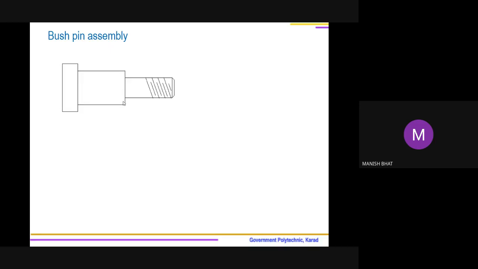It is more than D1, and the pin carries a head so that the pin will not be removed from the other end. On one side it has a head, on the other side it has threads so that the nut will be fitted. So this part will be inside one flange, whereas this enlarged diameter will be inside the other flange. Like that will be the assembly of the pin.